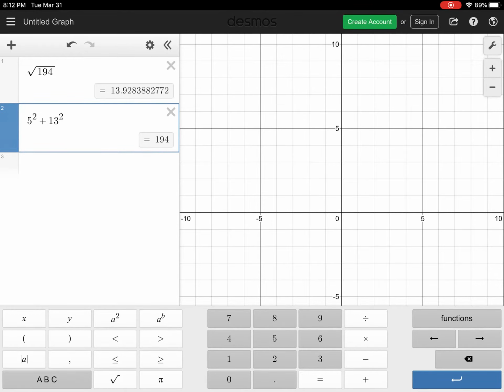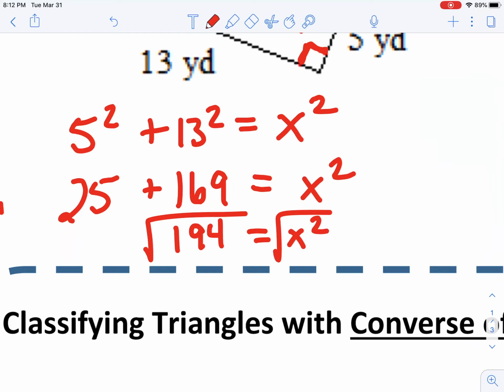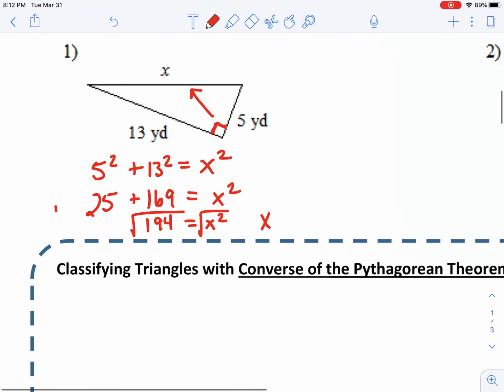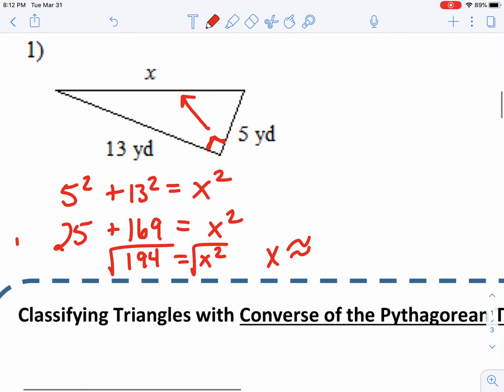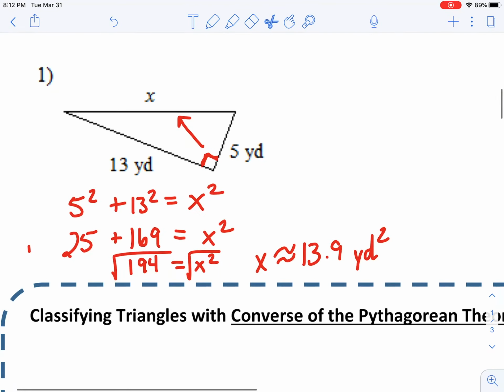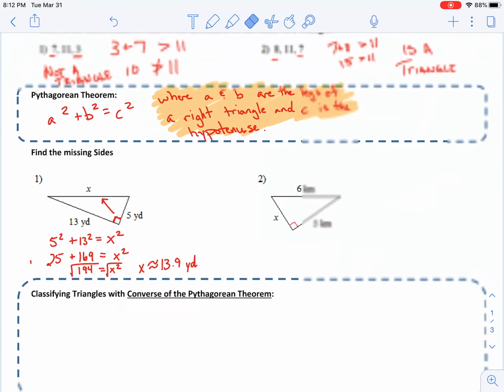No, 194. Okay, so it's about 13.93 it looks like. So x is about 13.9 yards. Just yards, because it's just a side.